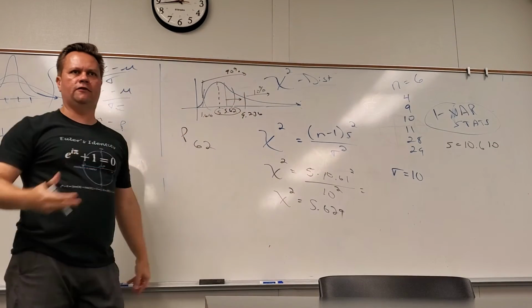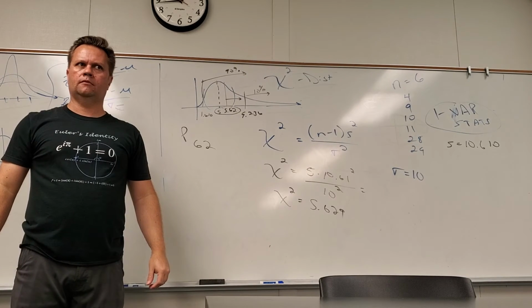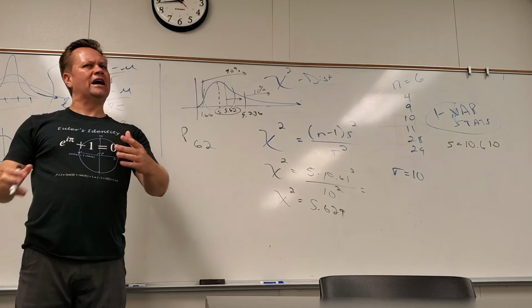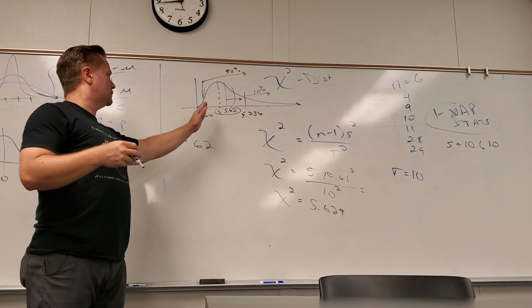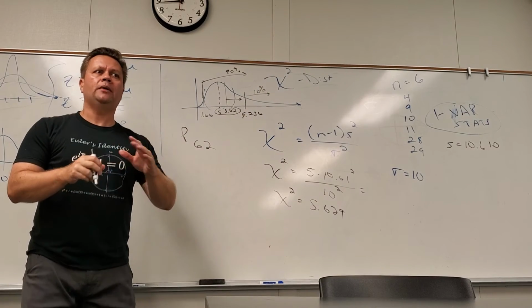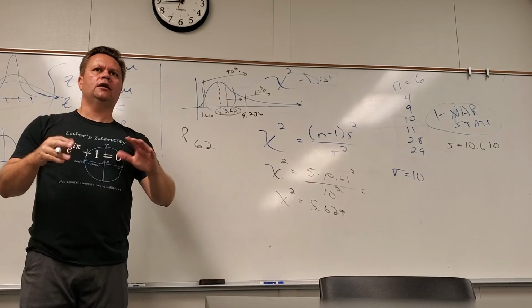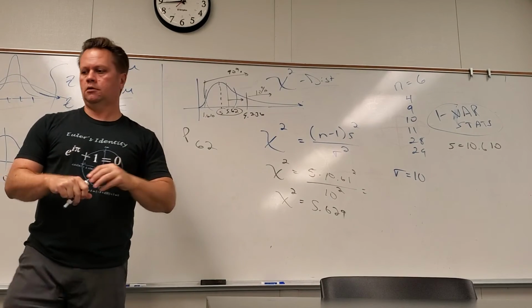A little less than 50%. So this is not symmetric. We have different values. It starts at 0, there's no negatives. But I can use it in much the same way that we use the z-score chart.